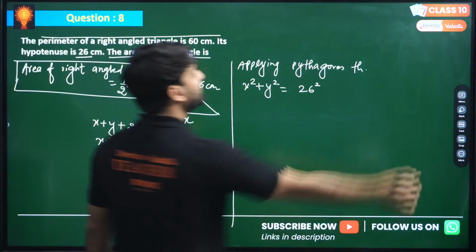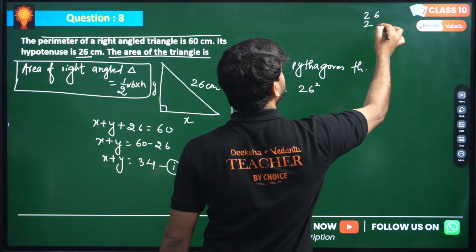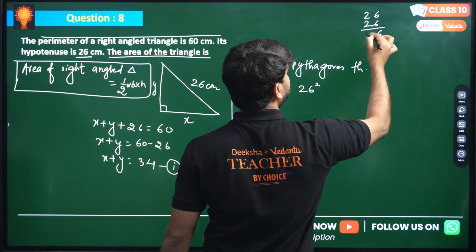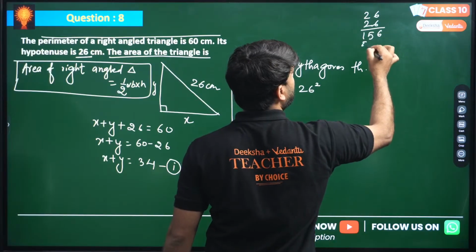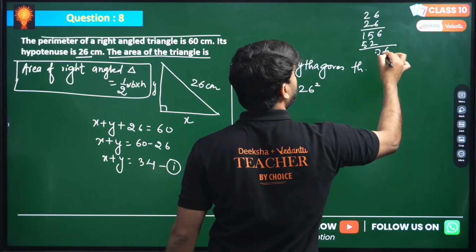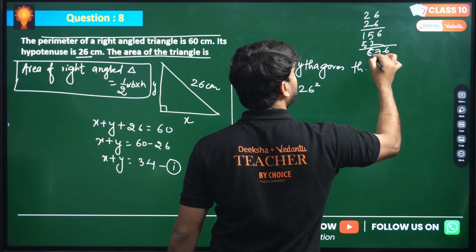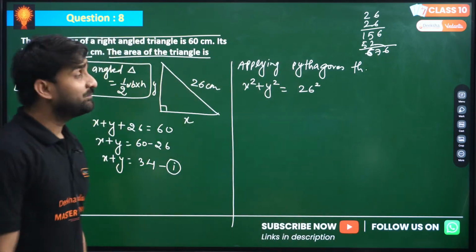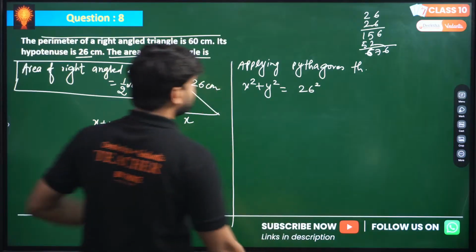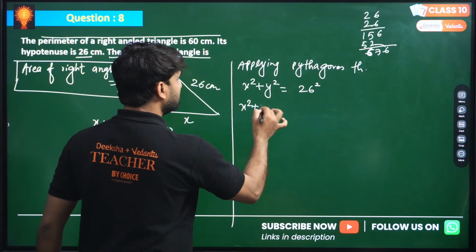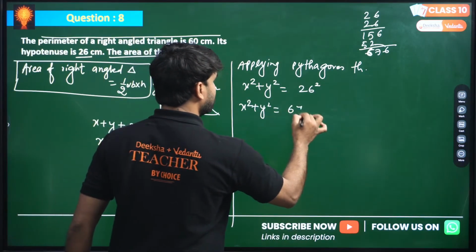And you know 26 square is equal to, I think, 576. Let's do this. So 676. Is it clear? 676 is there. So x square plus y square equals 676.